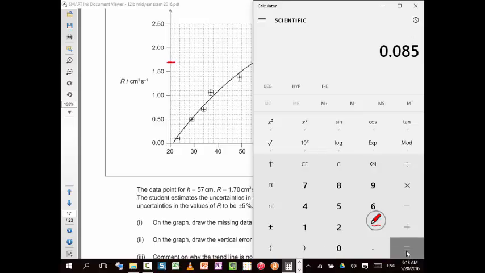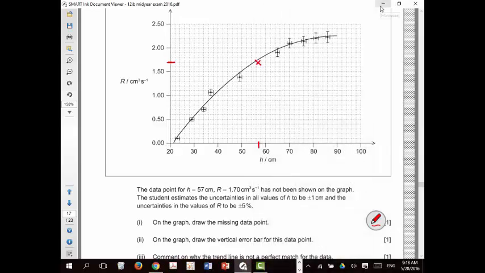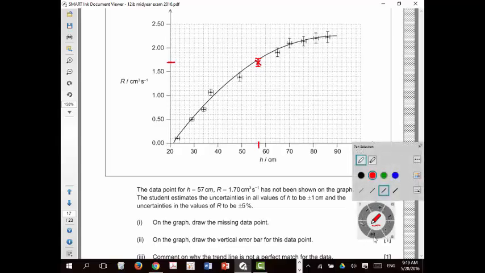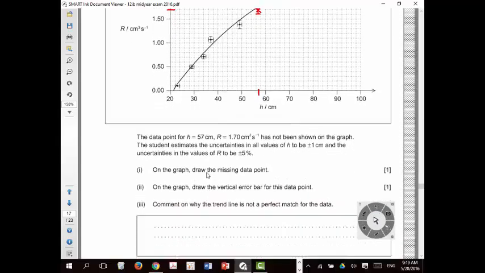Well, that's slightly less than 1 square, because 1 square is 0.1. And so our error bars should be just ever so slightly smaller than 1 square either side. This is very hard to draw on the smartboard. Okay.